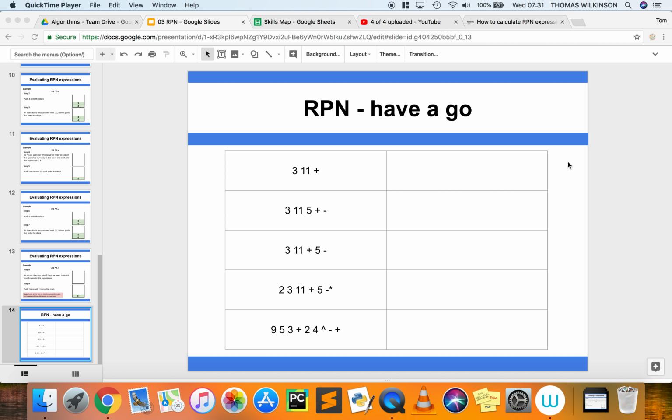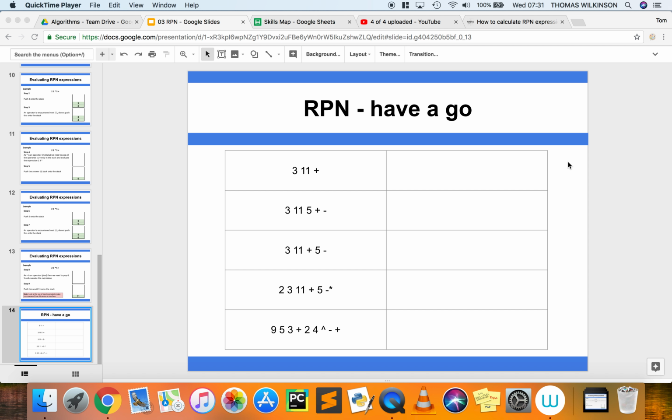With the first equation, what we've essentially got here is 3 plus 11 to give us an answer of 14. With the second one, we've got 3 on its own, so we're going to isolate that in a second.